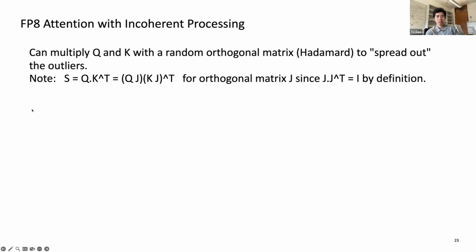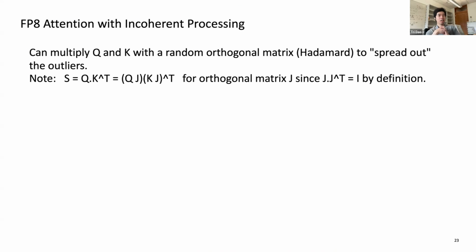Mathematically speaking, attention is just measuring how similar the queries and the keys are. So if you rotate them by the same angle, and here we're going to rotate by an orthogonal matrix, then the attention scores stay the same. But in the original coordinates, if there are outliers, you can have very large values.